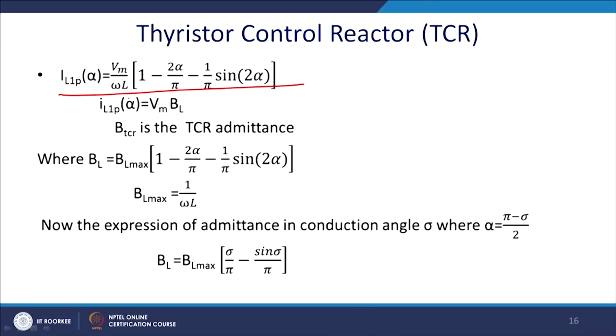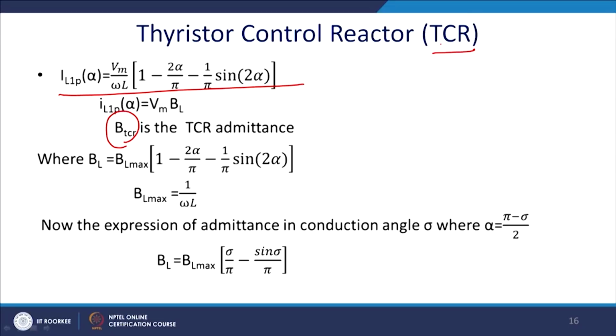So, this is the expression of the current. I_L alpha 1 is a function of alpha, equal to Vm into B_L, where B_TCR, the abbreviation of TCR, is the admittance of the TCR.